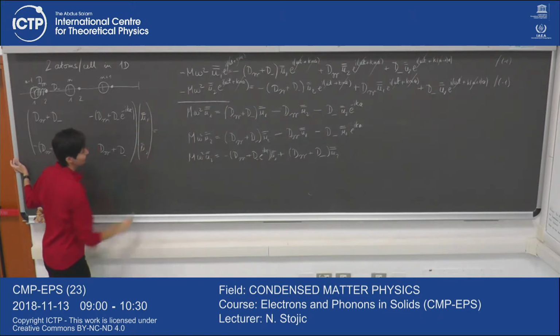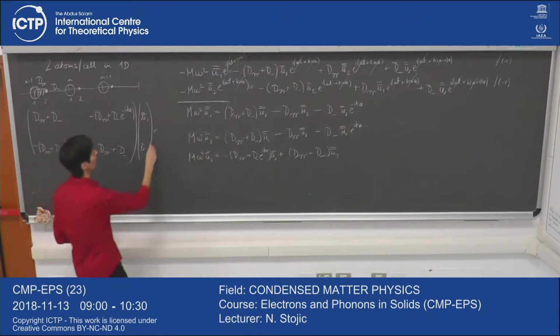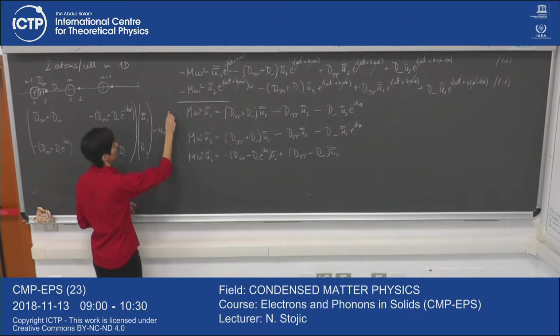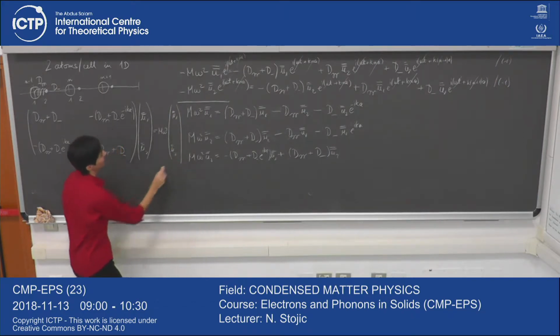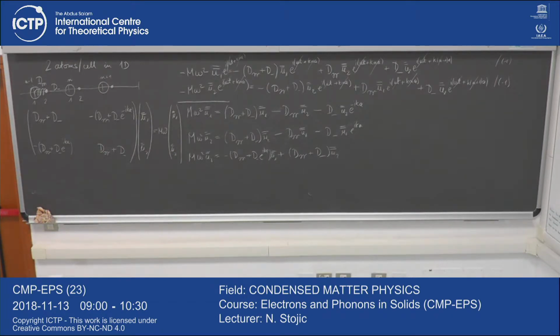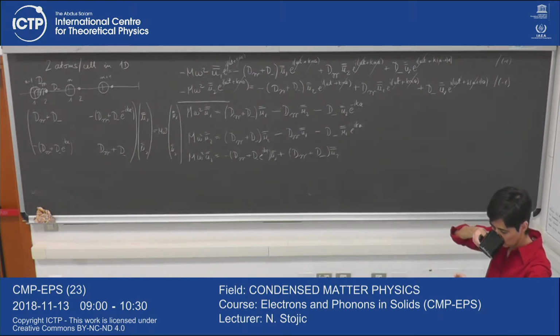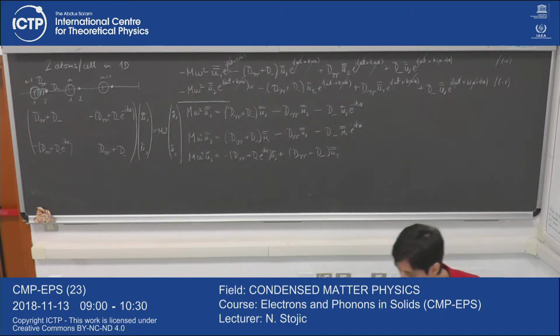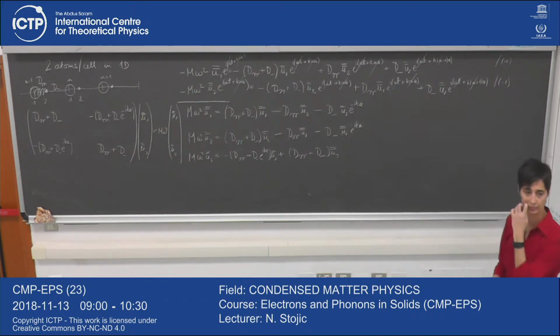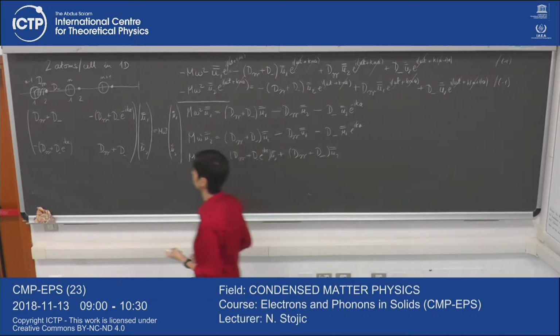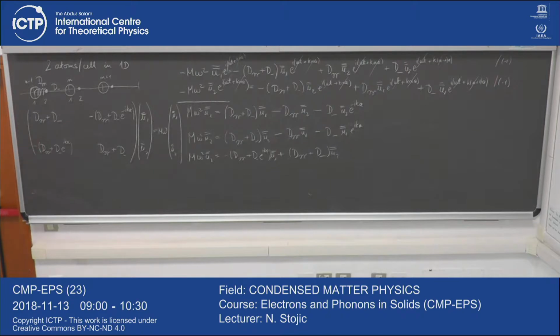And it's equal to m omega square. Can you see? I really squeezed them. Now all we have to do is solve this determinant. We'll solve it to get the eigenvalues.